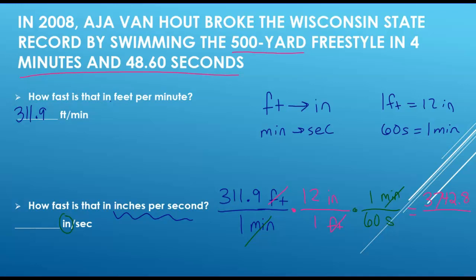On the bottom, 1 times 1 times 60 is 60. So that divided by 60 is 62.38, and we have inches per second. And if we round to the nearest tenth, that's 62.4.